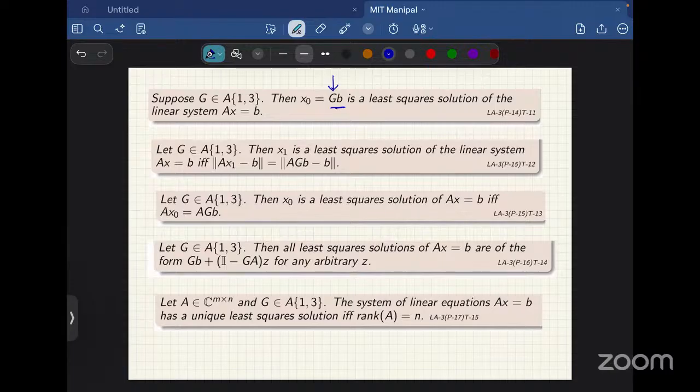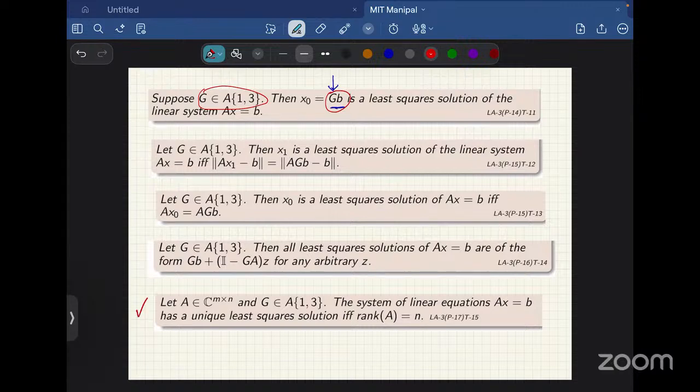The GB is always a least square solution. What I am summarizing is that I will not be explaining all the results. If somebody knows a 1-3 inverse, then simply calculating GB gives the least square solution. Remember, this least square solution is not necessarily unique. There could be many least square solutions.